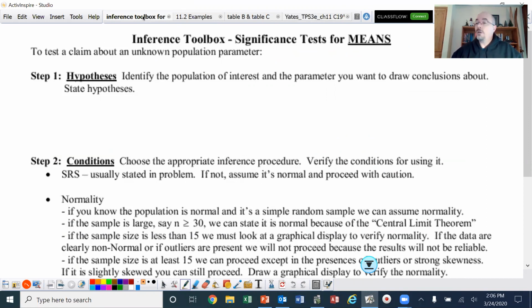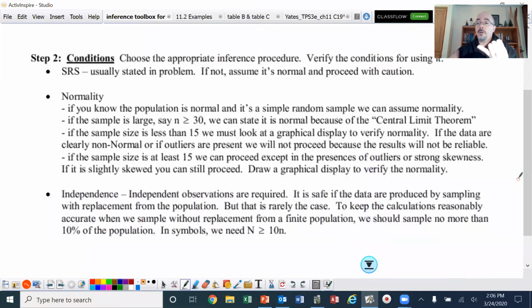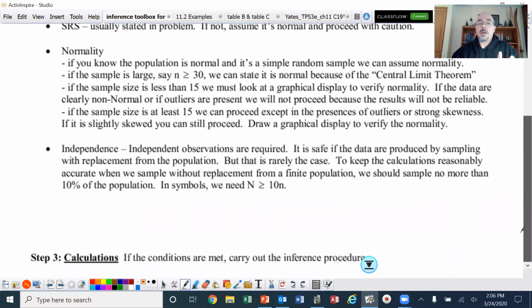These are the steps. You have to identify your hypothesis. Step 2, you have your conditions. Remember, simple random sample. Check for normality. There's a bunch of things for normality. There are different scenarios you need to remember. Independence. Again, if you need to pause and read through that, go ahead.